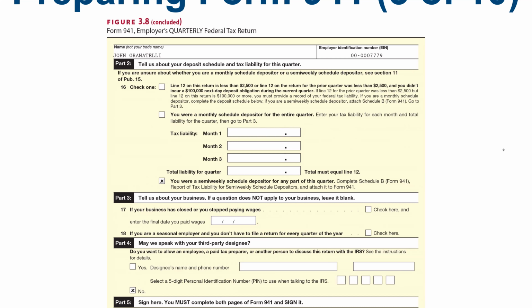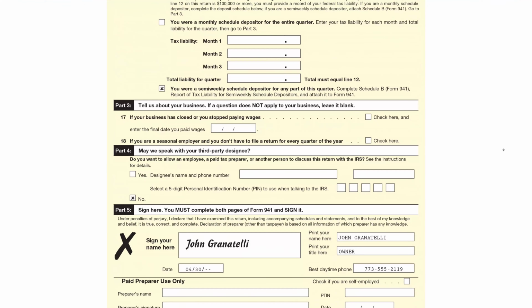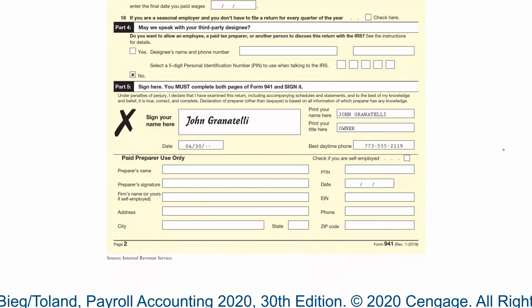And then part 17, part 18, if applicable, if we stopped paying wages because maybe our company went out of business, or if we're a seasonal employer and so we don't have to file the 941 every quarter. Part 4, if we want to assign a third party person like a tax preparer to be able to discuss the return with the IRS. And then finally, part 5, the individual who is the responsible party.